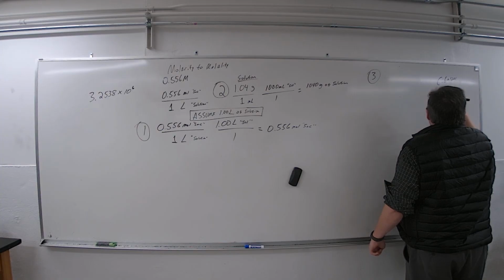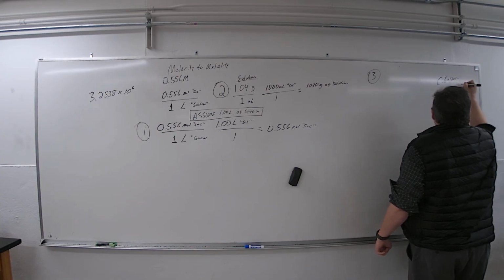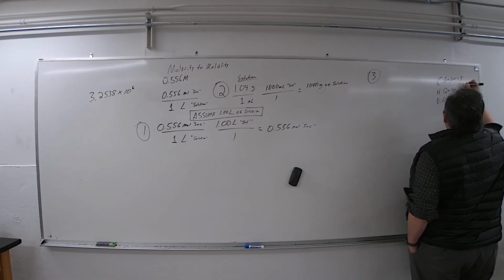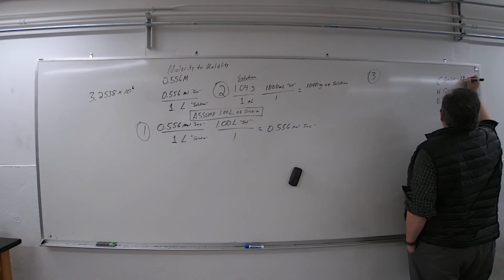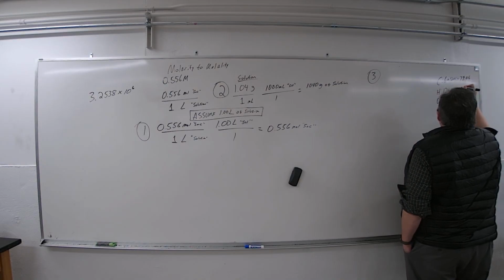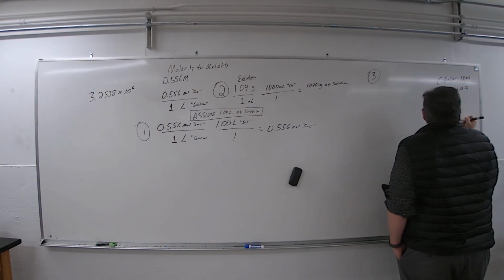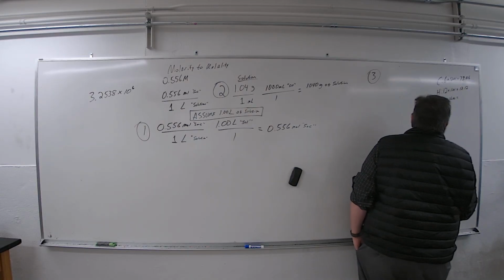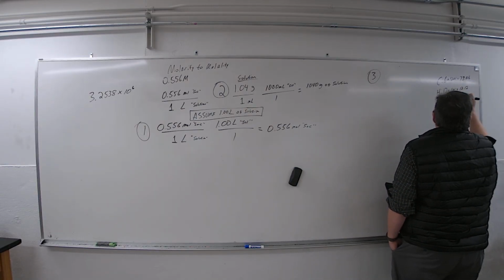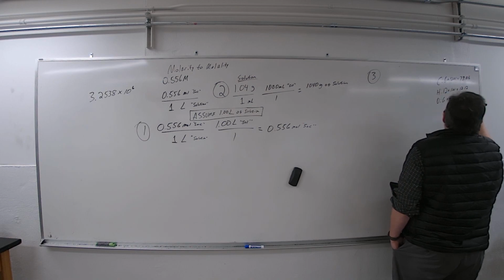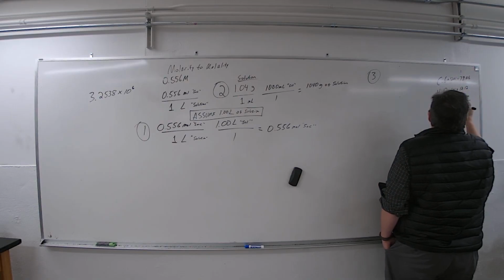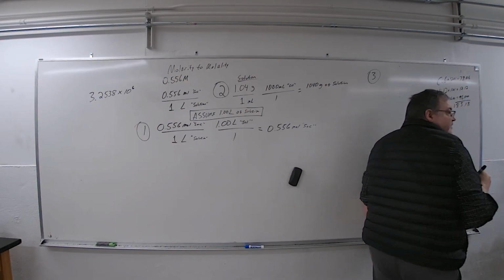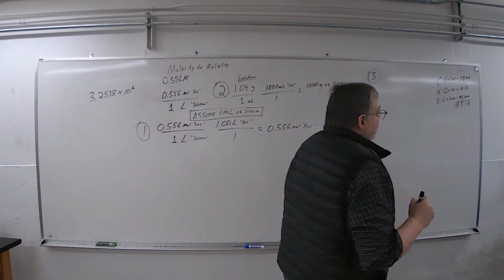Carbon is 12.01, hydrogen 1.01, oxygen 16. 6 times 12.01 is 72.06. This is 12.12. What's 6 times 16? 96. So that's 185.18. Is that right? I got 250.